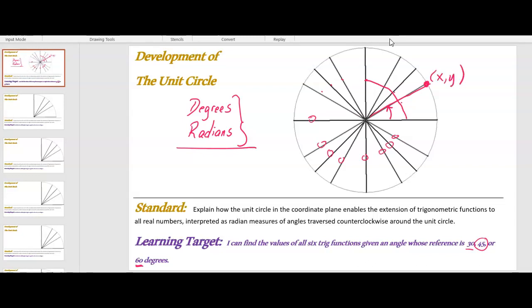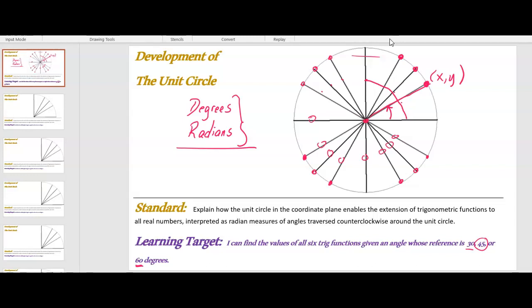You'll commit to memory the x value and the y value of every point, mainly in the first quadrant, but then they correlate to these points in the second quadrant, the third quadrant, and the fourth quadrant.